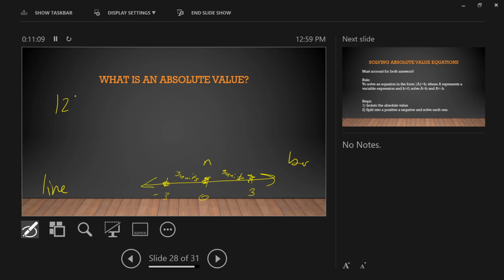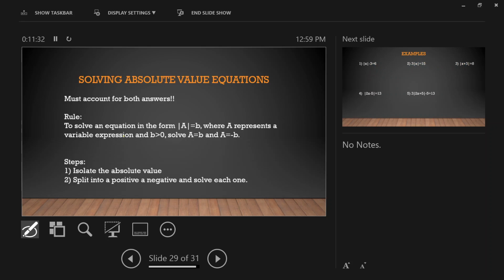The absolute value of 2 is 2. The absolute value of negative 2 is what? 2. So because it's in an absolute value, I have 2 things that are equal to the same answer. Right? All right, so that presents a little problem for us when we're solving these. That's what gets us to this next part.